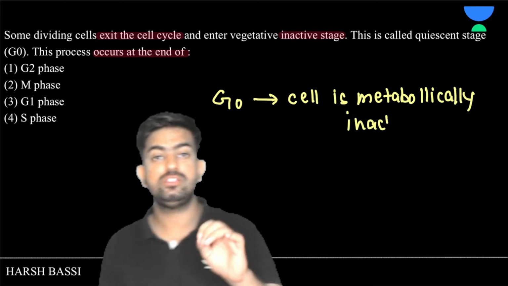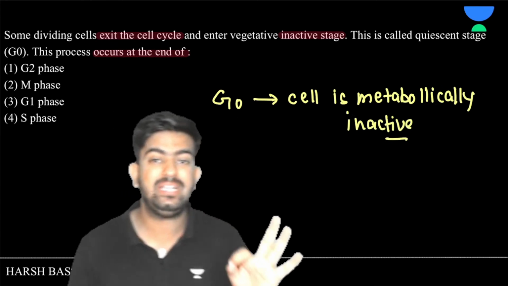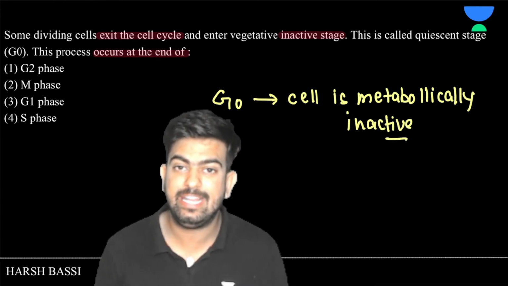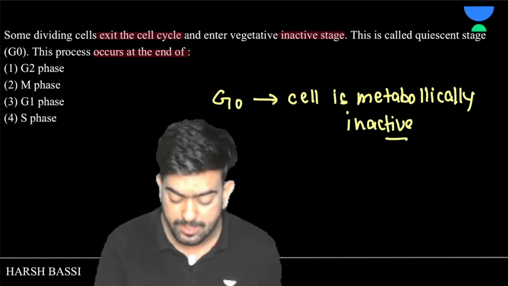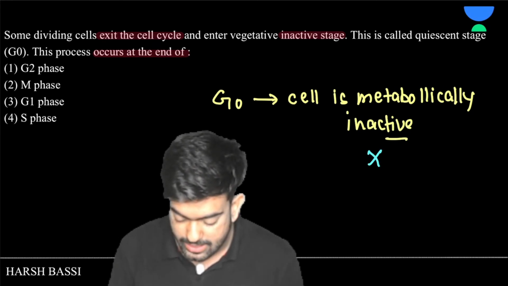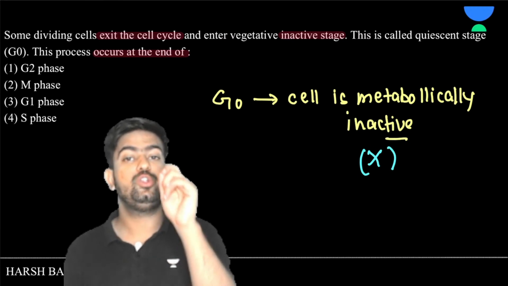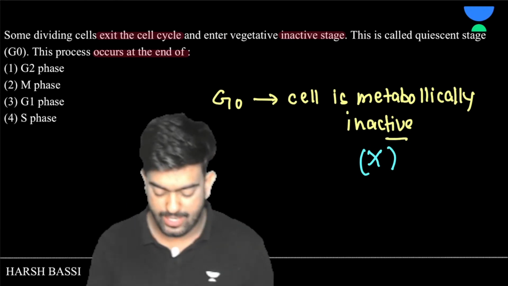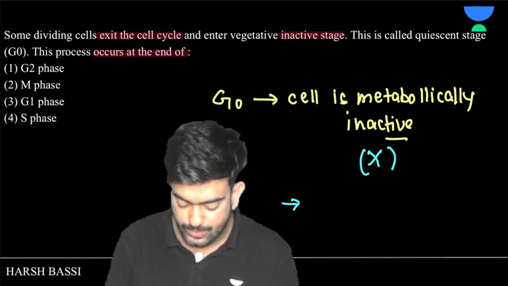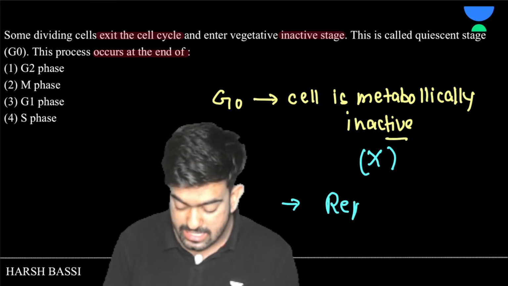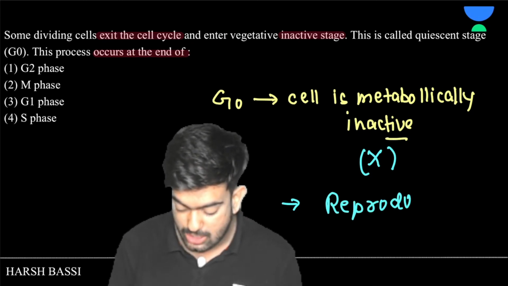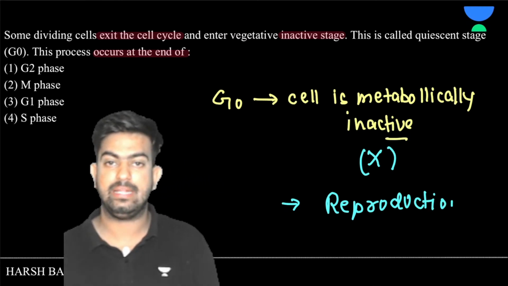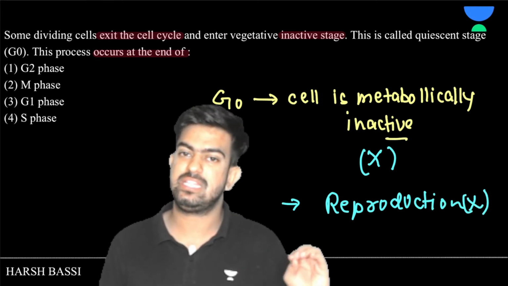This statement is wrong. The cell is just not doing reproduction. Everything else is done by the cell. Only reproduction is not performed by the cell.